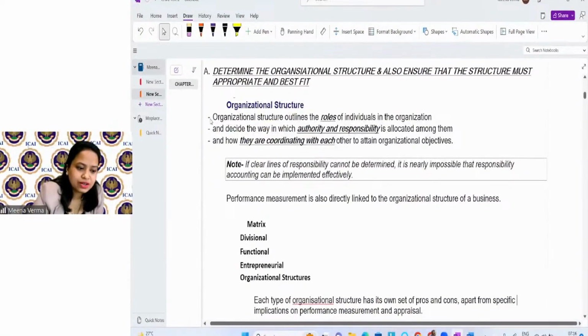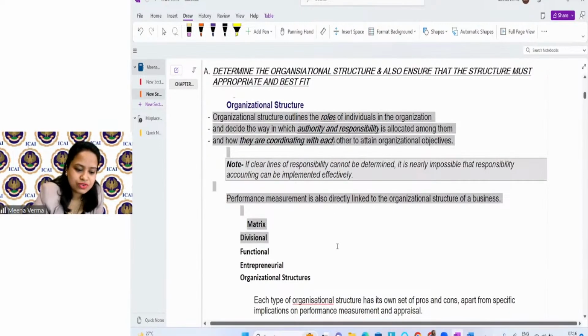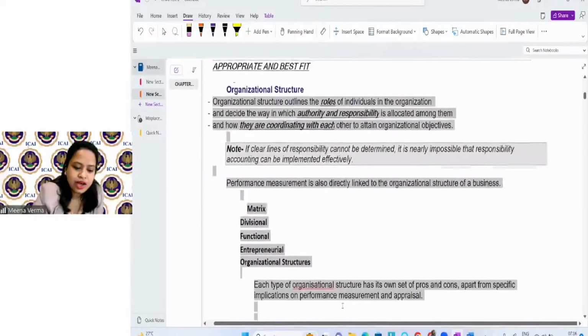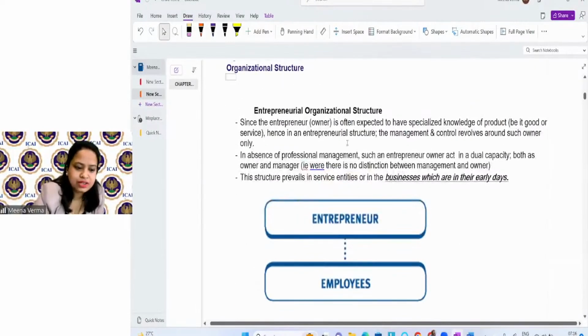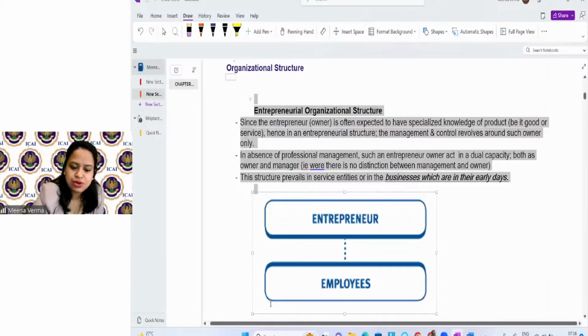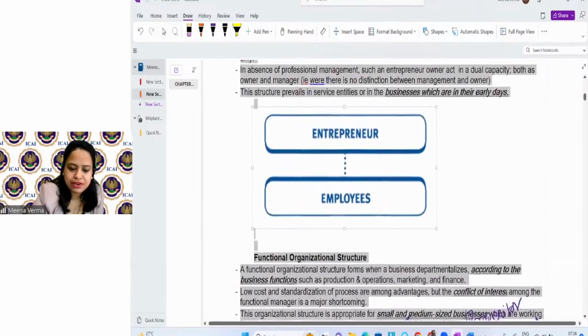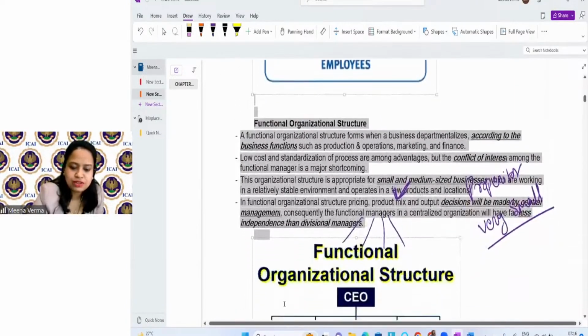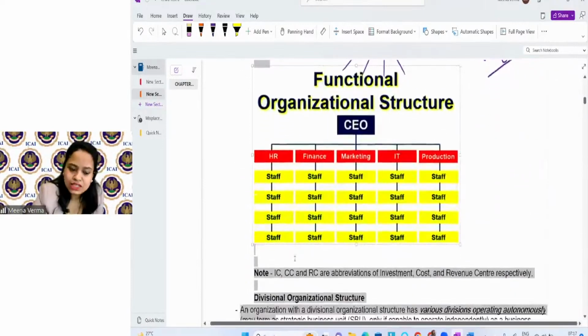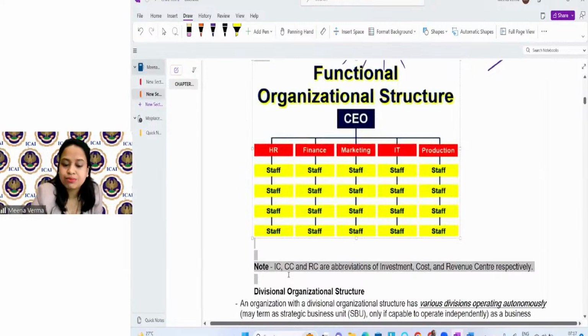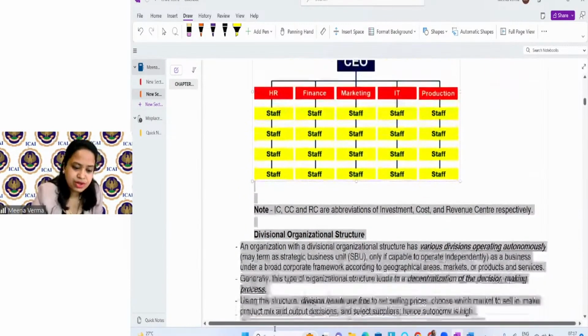So it is given here, the organization structure can be of division, functional, entrepreneurial, and matrix organization structure, right? So we have learned here about the organizational structure, right? In organization structure you have learned it is like proprietary firm. In functional structure you have learned it is applicable for small and medium firms, where you have the CEO and different functions, HR department, finance department, marketing department, IT department, production department, right?